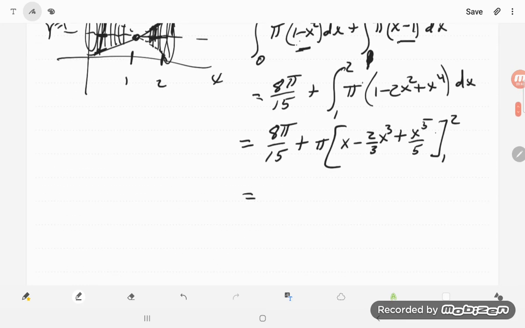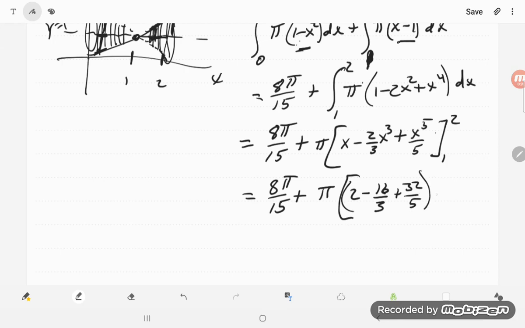And now, the 1 part, actually, I know the answer to that. It's 8 pi over 15. So really, I only have to worry about the 2 part. So this is going to be pi times, putting the 2 in, I get 2, 2 cubed is 8, so then minus 16 over 3, and 2 to the 5th is 32, so plus 32 over 5.